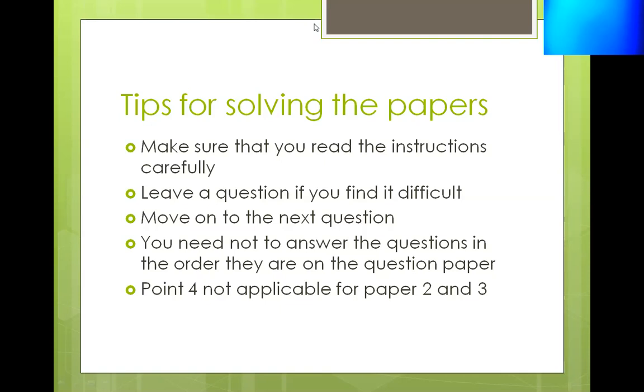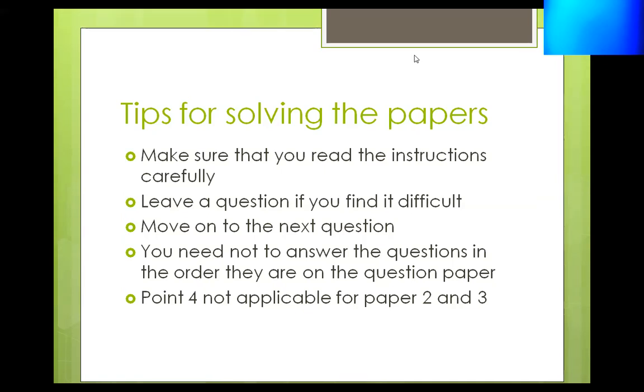So for example, for answering question number 3, you must have answered question number 2. If you don't answer question number 2, you can't attempt question number 3. So in paper 2 and paper 3, you have to follow the order, but this is not applicable to paper 1.